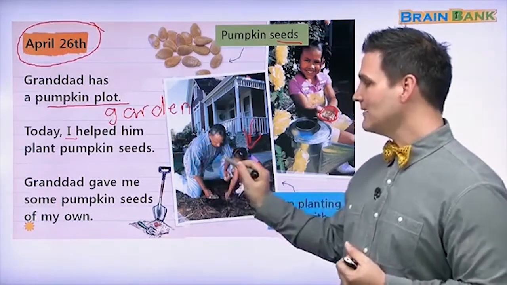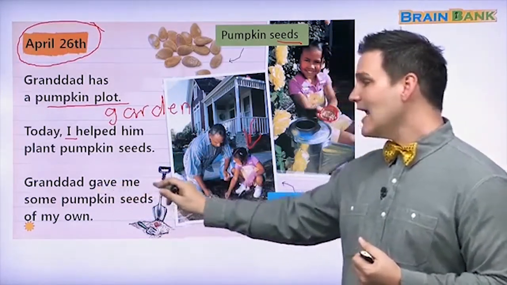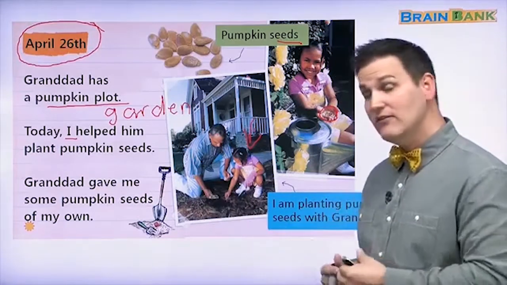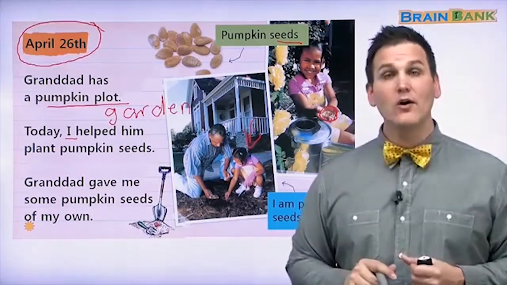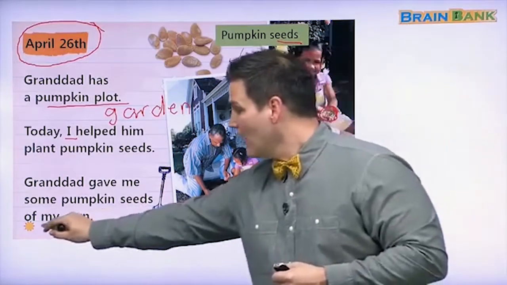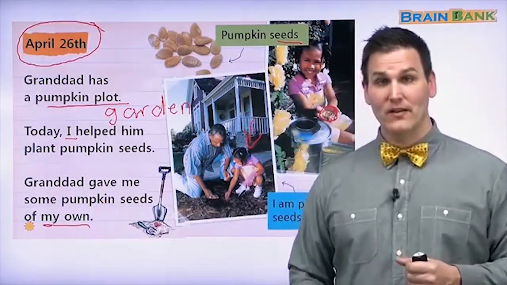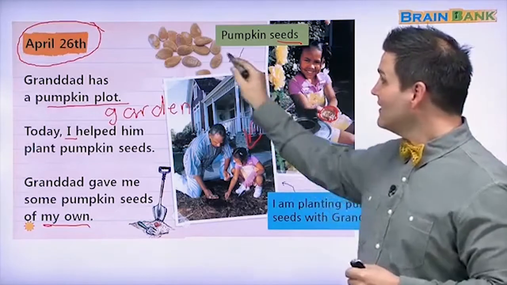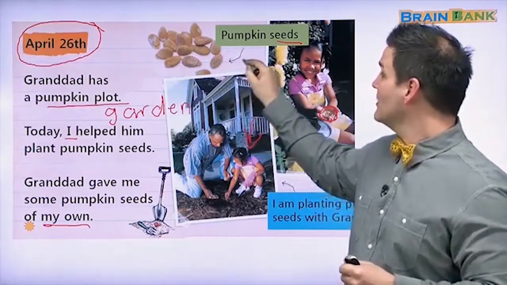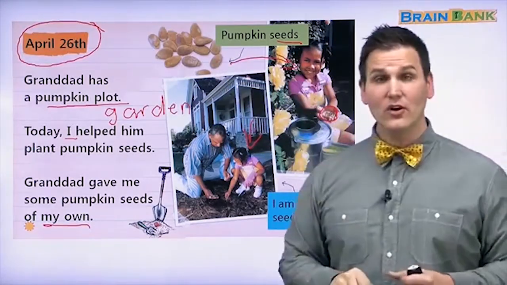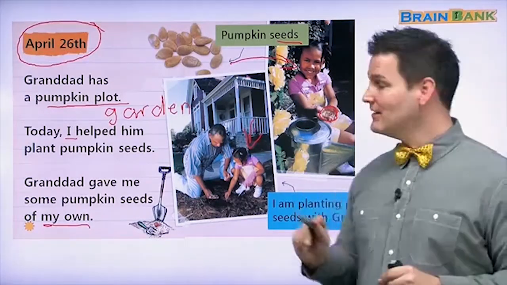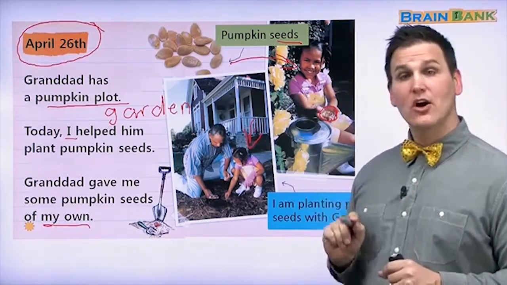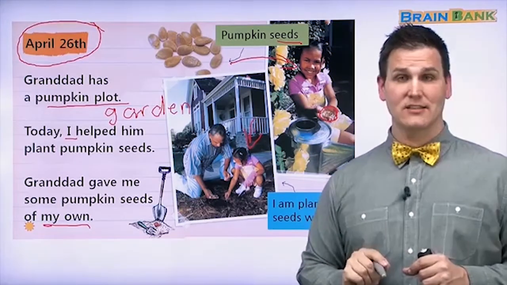So she's helping. Granddad gave me some pumpkin seeds of my own. This means these seeds belong to her. They are not Granddad's seeds. They are her seeds. Her siat.